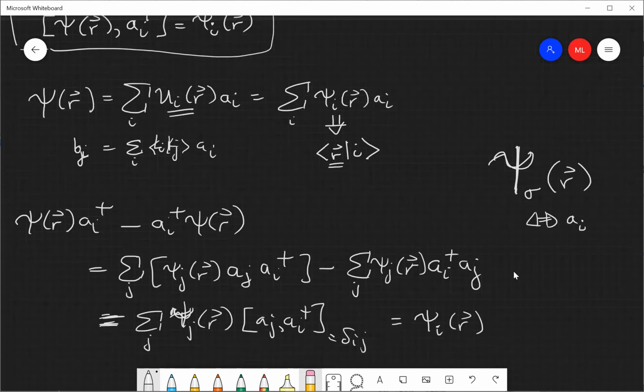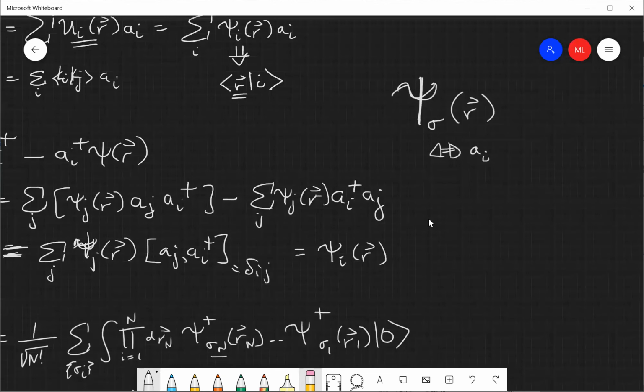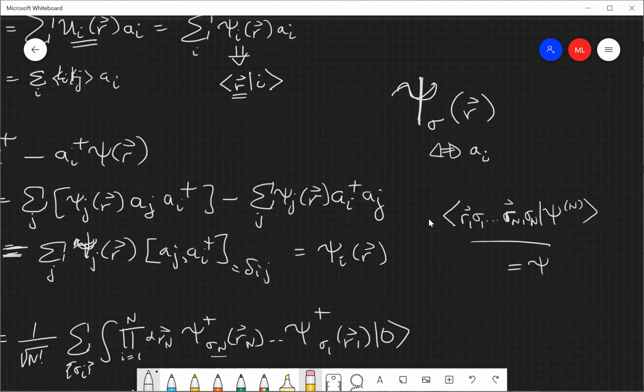And then a multi-particle wave function is just any multi-particle state that you're interested in. It's the position space representation, where you specify the coordinates and spin states of all the n particles, because the wave function is a function of those things. That's what the multi-particle wave function is.